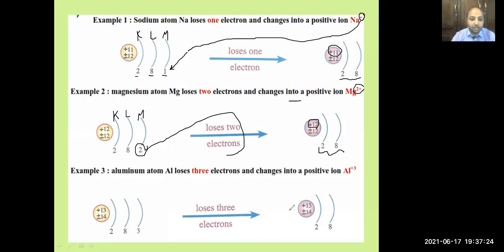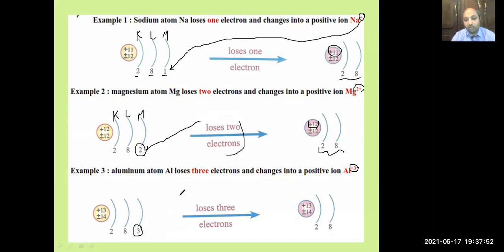Let's see another example, aluminium atom. Here the outermost energy level of the aluminium atom has 3 electrons. So here aluminium tends to lose 3 electrons from the outermost energy level and changes into a positive ion, carrying 3 positive charges equal to the number of electrons that it lost.